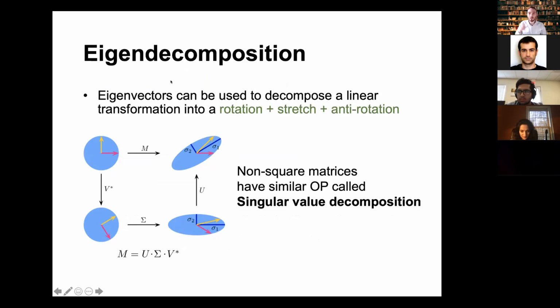So there are these special vectors in a matrix that if you apply the matrix to those vectors, they do not rotate, they only get stretched. Their magnitude changes, not their direction. So a square matrix can be decomposed into a set of these kinds of vectors. So there's the vectors that don't change and a set of stretch.